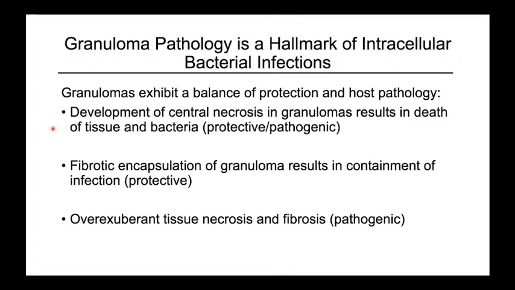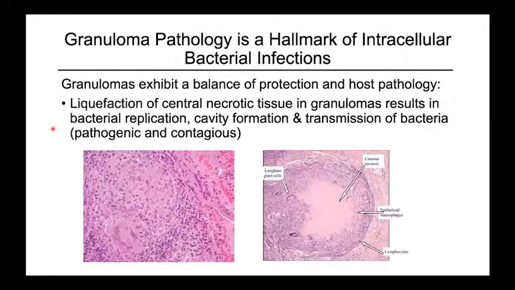This would result in death of the bacteria, which would be protective, but it also results in death of the host cells within the center of that granuloma. And of course, that is pathogenic. The fibrotic encapsulation would be a protective response. Sometimes you get overexuberant necrosis and fibrosis, which can even present as a space-occupying lesion, for example, if you have granulomas forming within the brain. That would be pathogenic.